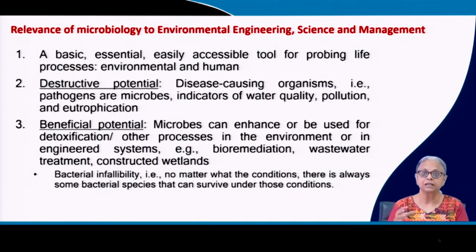So it's an intimate relationship between the abiotic and the biotic parts of the environment, and our understanding of what happens in the environment is absolutely based on our understanding of microbiology. You cannot separate the two, and I'll come to more examples of that.